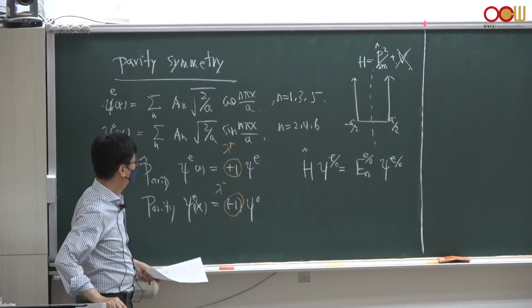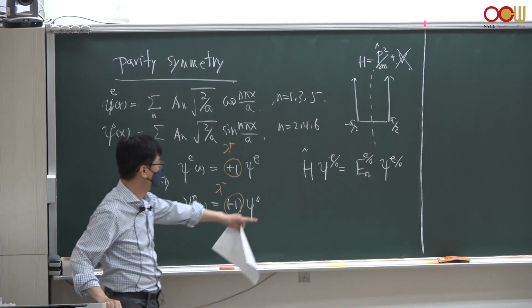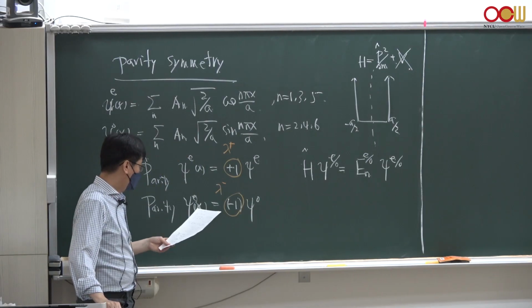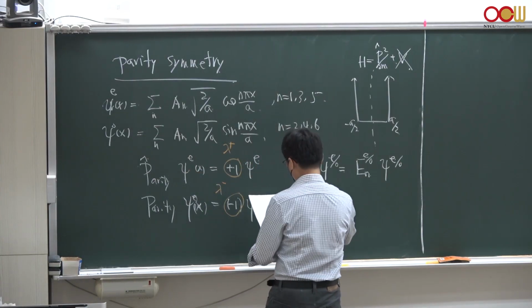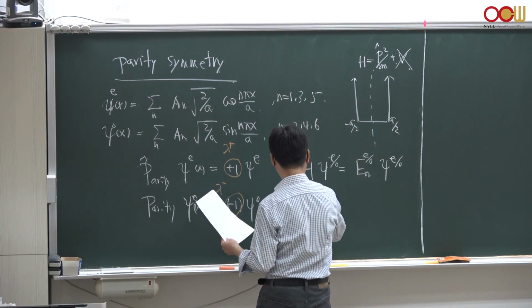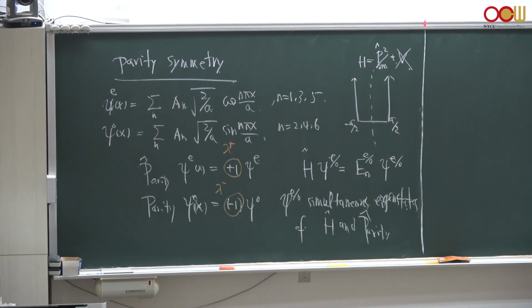So both psi even and psi odd are eigenfunctions of the Hamiltonian inside the box, and therefore psi even and psi odd are simultaneous eigenstates of H and parity. So we will come back to this in a moment.